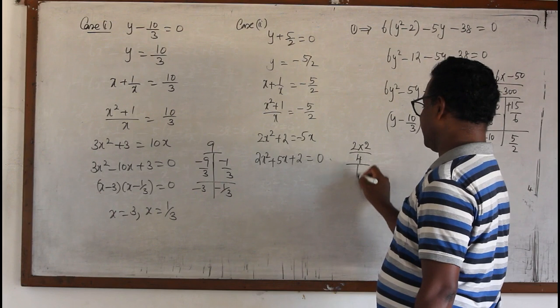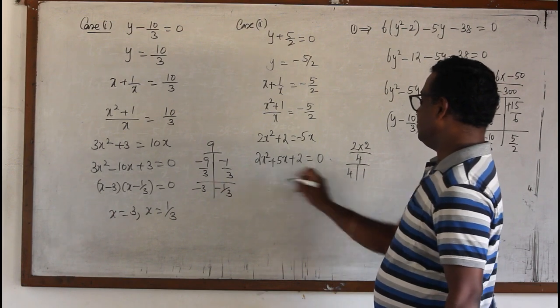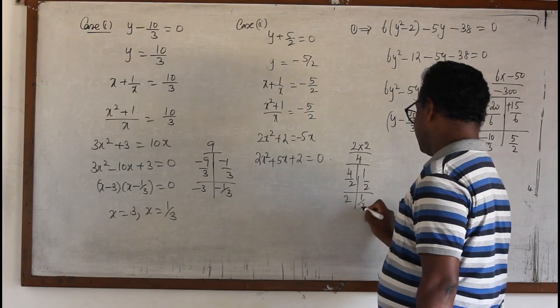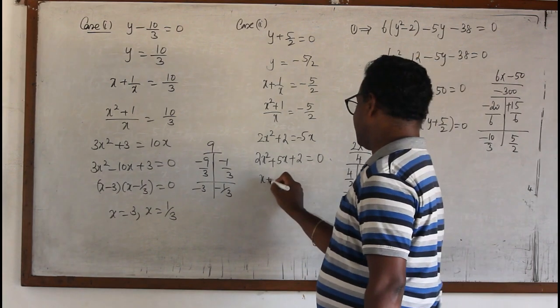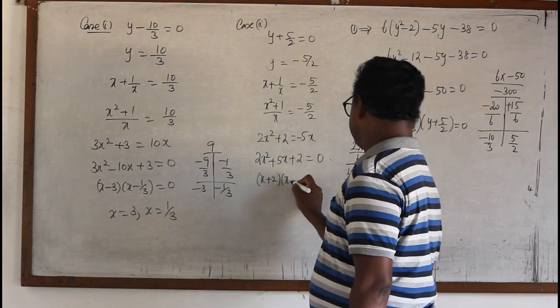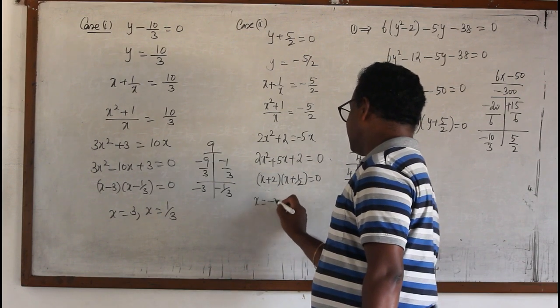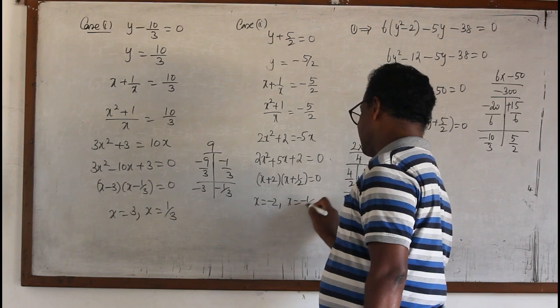I need 5. So 4 ones are 4, by 2 by 2. It is 2 comma 1 by 2. So x plus 2, x plus 1 by 2 equal to 0. x equal to minus 2, comma x equal to minus 1 by 2.